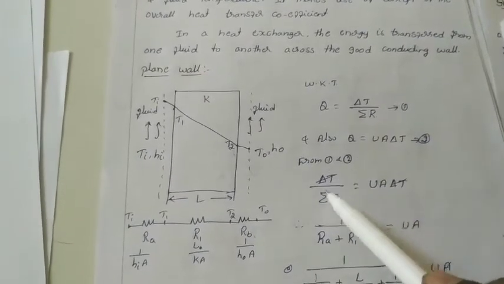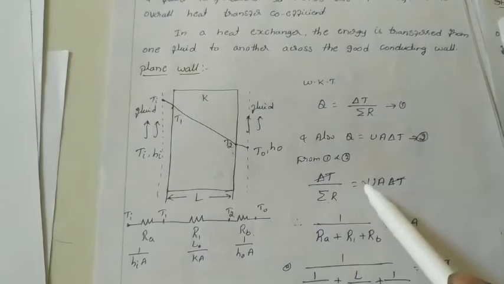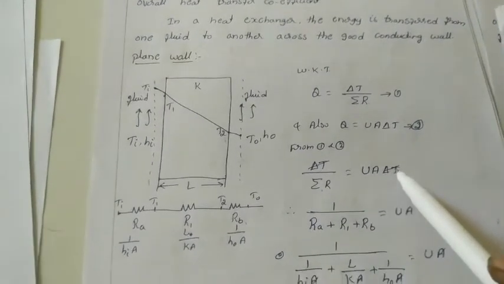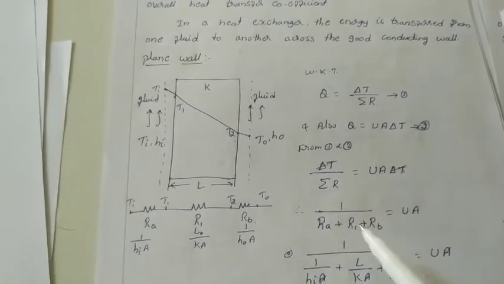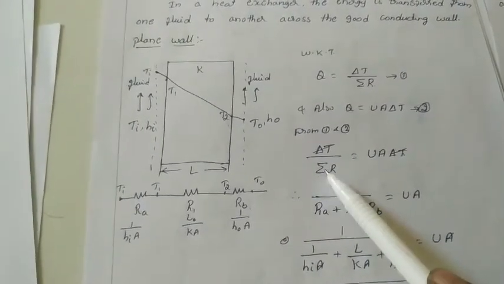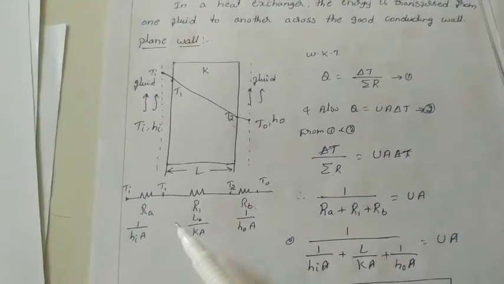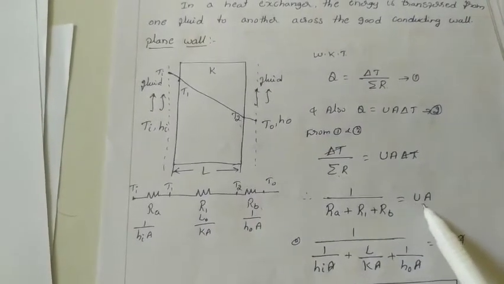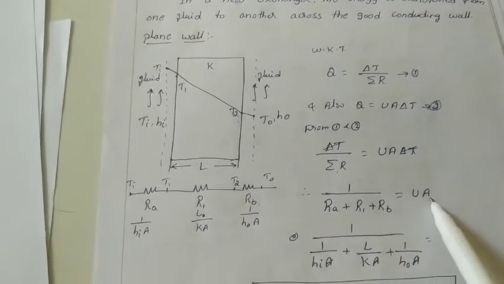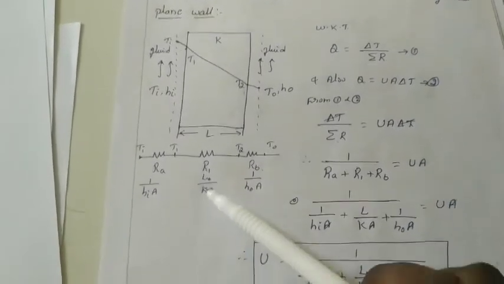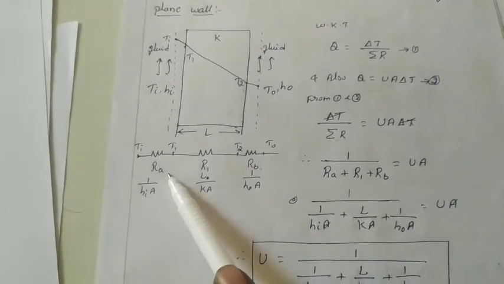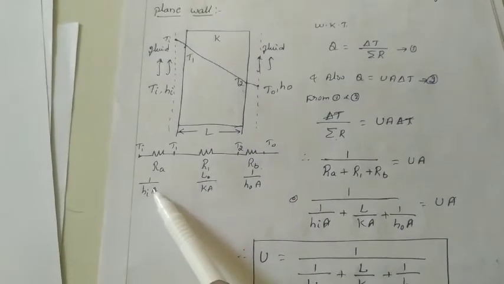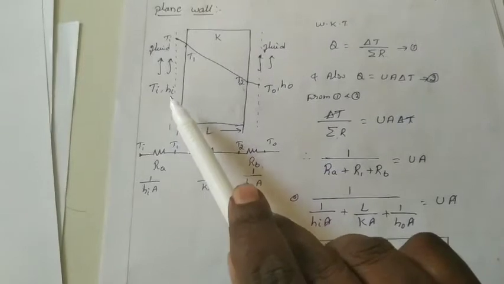That is, delta T divided by the summation of resistance is equal to U into A into delta T. Hence delta T cancels. The remaining thing is 1 divided by the summation of resistances, RA plus R1 plus RB, which is equal to U into A. Within that, we know the expression where RA is the convection resistance, with formula 1 by h into A. This is for the I, that is, the inside fluid.